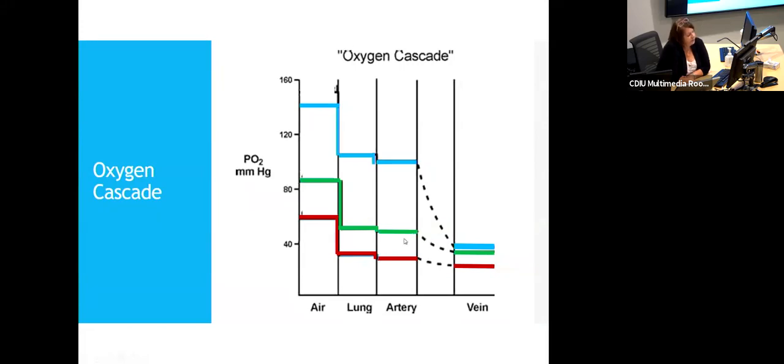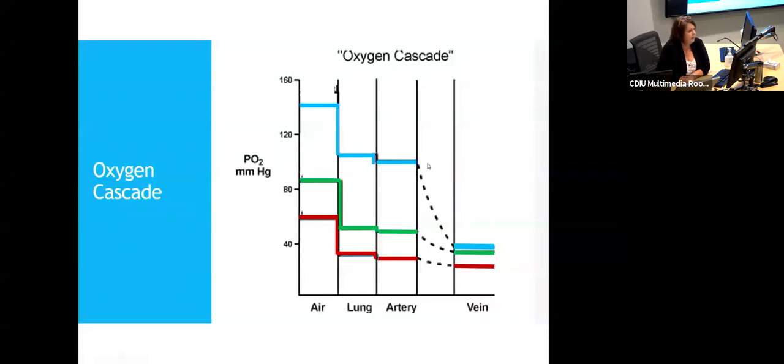The difference is that every time you start with a lower baseline, you have less and less reserve that can go into the venous system. And at some point, that's not going to be meeting your metabolic demands. And this is when you're going to get tissue hypoxia.